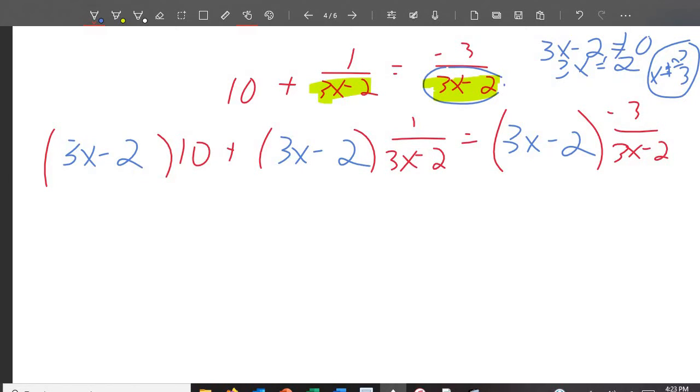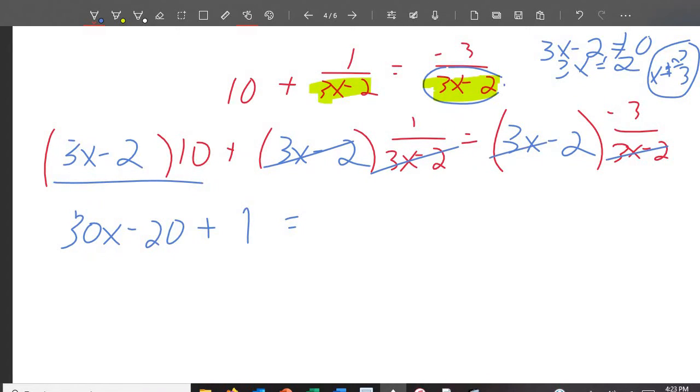And again, this first piece is just straight multiplication. 30x minus 20 plus 3x minus 2 crosses out, left with a 1. 3x minus 2's cross out, and we're left with a minus 3. Combining like terms, we'll get negative 19 equals negative 3.